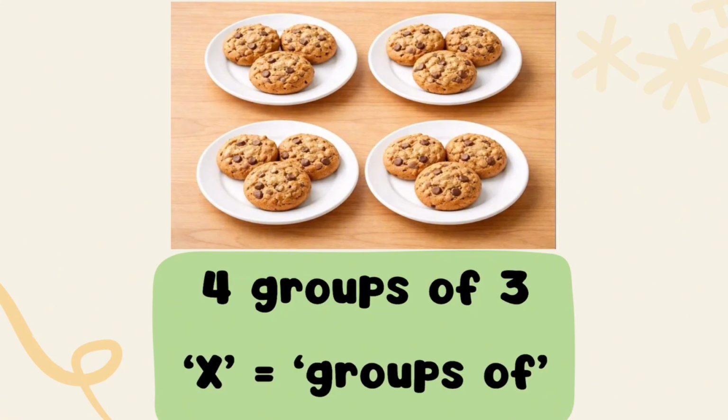So in a multiplication sentence, the multiplication symbol actually means groups of. 4 groups of 3 is the same as saying 4 times 3.